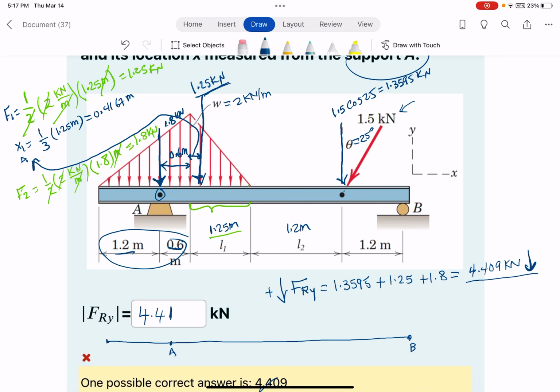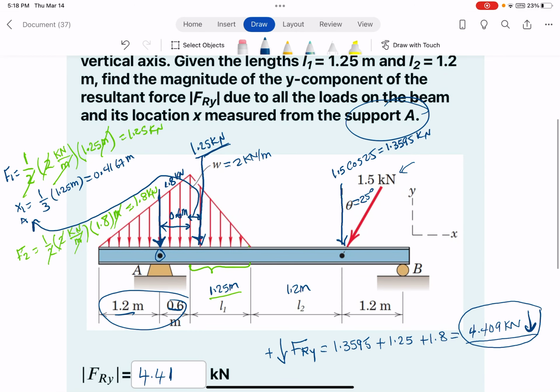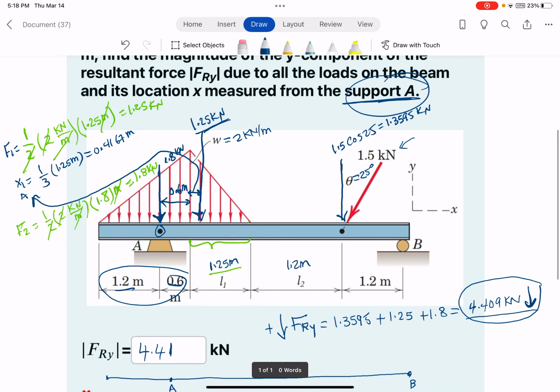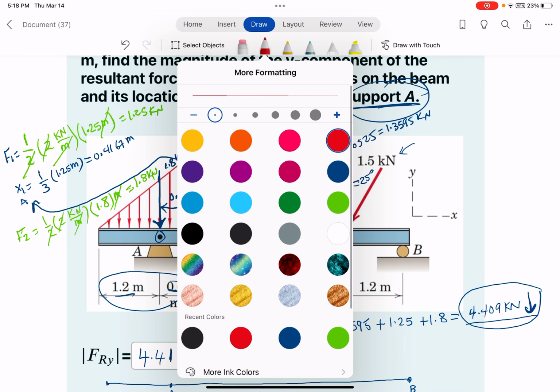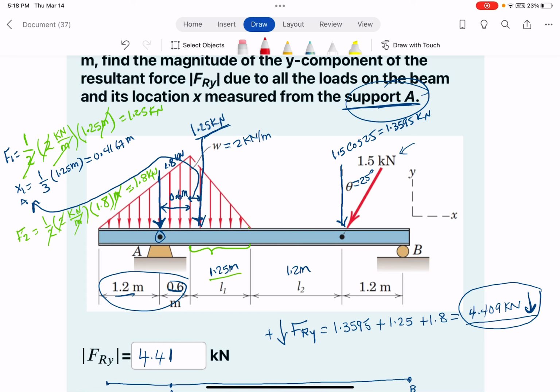Okay, we know that the resultant force is 4.409, and we need to find it from the support A, which means that you have to find the moment from A. Summation of moment at A. Let's make it in red this time. You could notice that this force is at point A. So therefore, this force has no moment, because it doesn't have a perpendicular distance from point A.